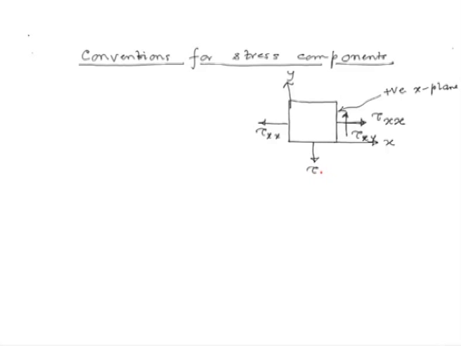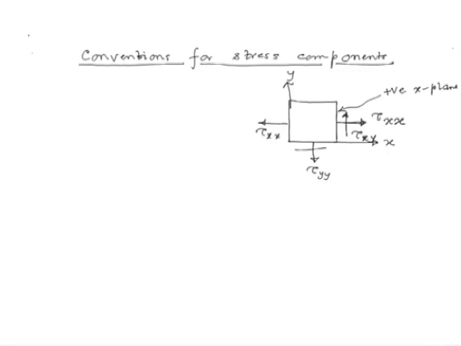This is tau yy, the normal component, then tau yx, tau xy, and this is tau yx. So, what is the convention which we have adopted?